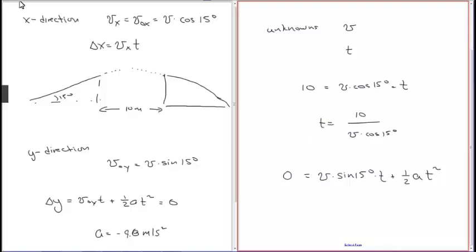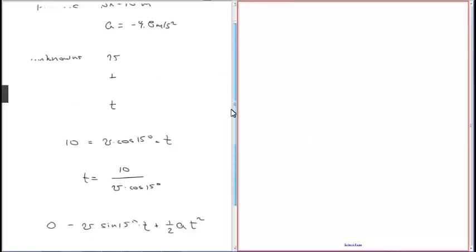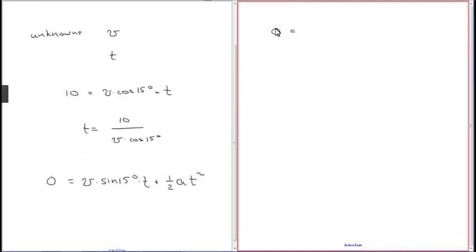So we're using substitution. 0 is equal to v times the sine of 15 degrees times t, which is 10 divided by v times the cosine of 15 degrees. So that's that part, plus 1/2 a times t squared, which is t is 10 divided by v times the cosine of 15 degrees. Well, this v cancels out with that v, and this is squared. I'm going to make sure I square that.